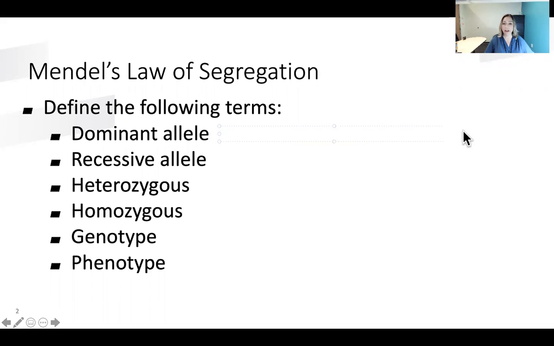So the dominant allele, I'm going to define this a little bit different than I did just a few minutes ago. So the dominant allele determines the phenotype if it is present. So what that means is if, say, the plant has a big B in its genotype at all, the flower color is purple.